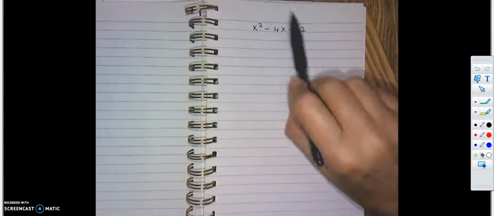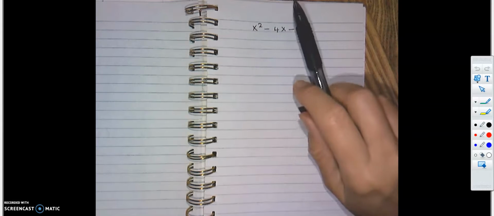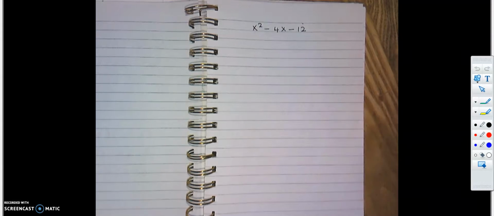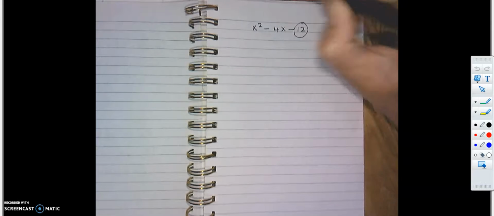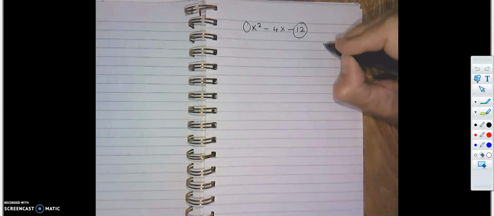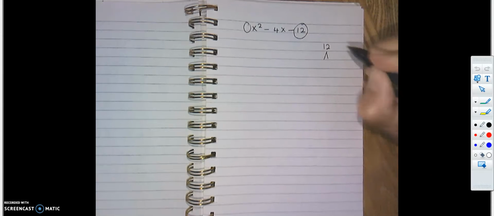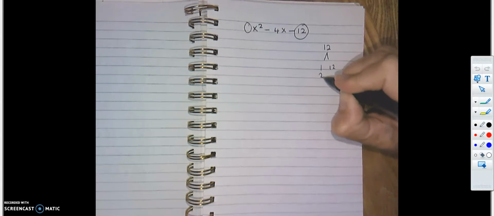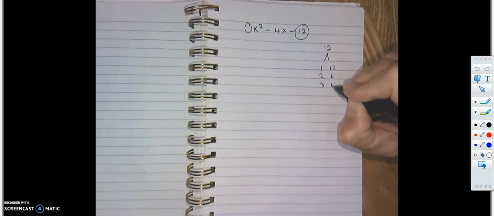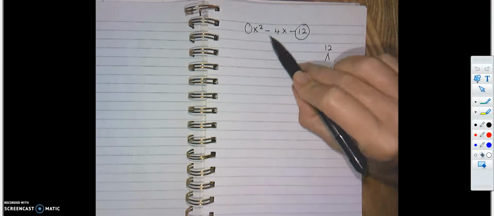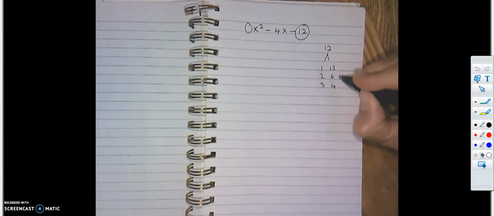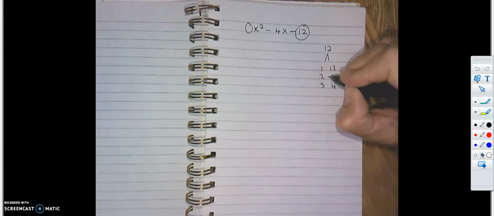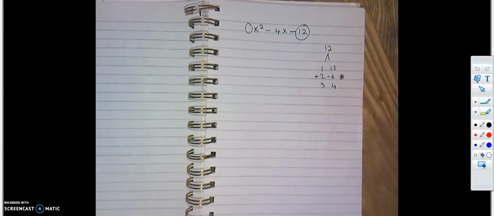So if we look at the final one, quadratic, number by number, so you're having 12. Get the factors, 1 and 12, 2 and 6, 3 and 4. We want minus 4, so you're going with this one. So we go minus 6 plus 2.